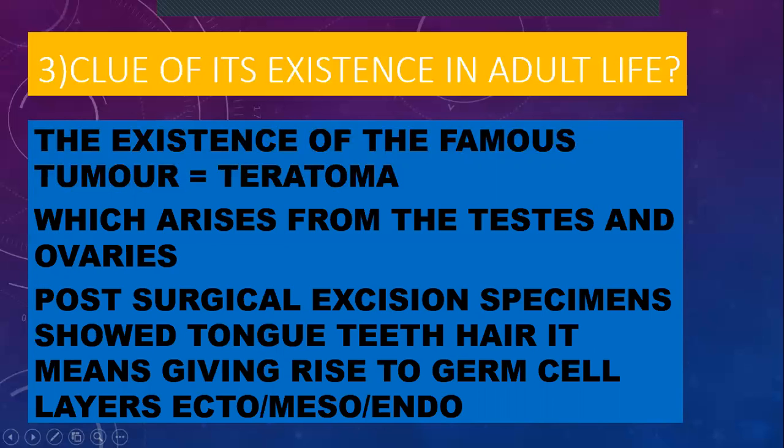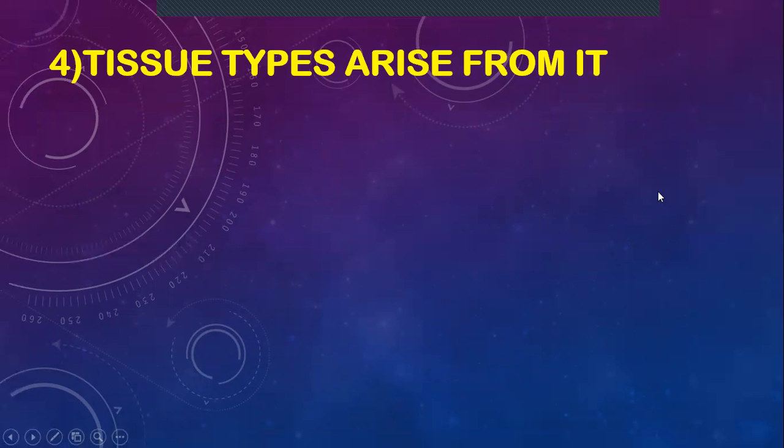It means that they were giving rise to all types of germ cell layers, the ecto, the meso, and endo. So we have two clues now, not one. The first clue is our own existence. The second clue is the teratoma existence.